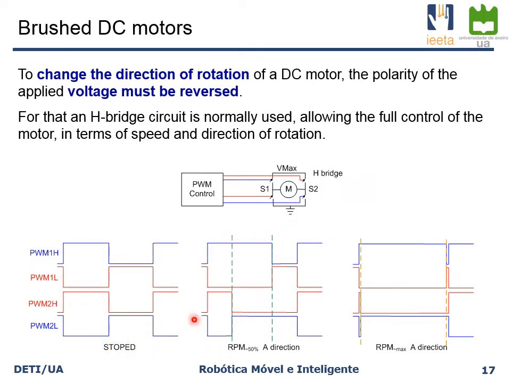In the center one, you can see that there is a period between these 2 green dashed lines in which you have PWM1H closed, so it's this one here, and also the PWM2L, which is this one here. So during 50% of the time, you are applying a current that flows in this direction, making the motor rotate in that particular direction.